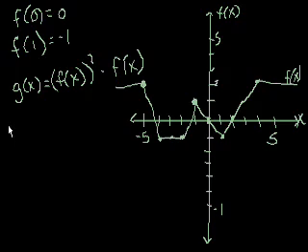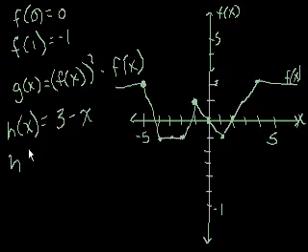And let's say that h of x is equal to 3 minus x. So what if I were to ask you, what is h of g of negative 1?